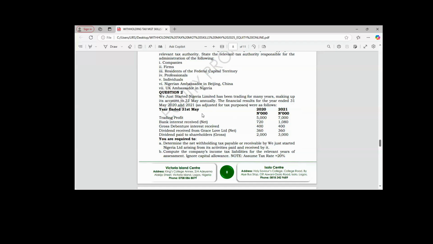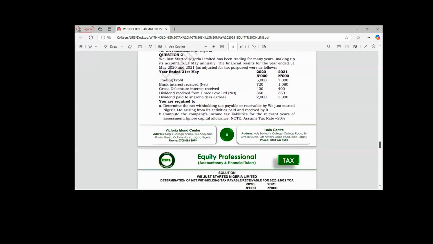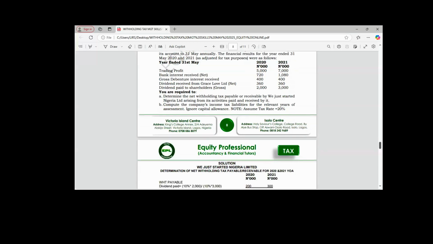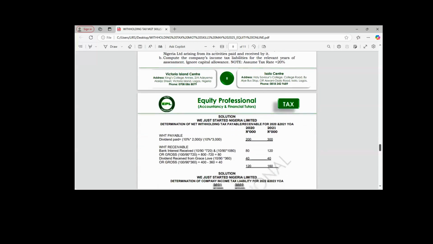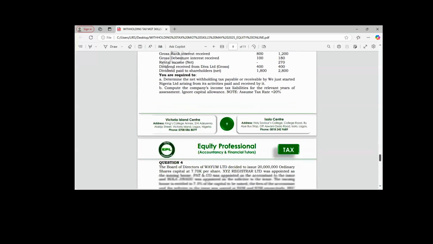But if they did not give us this 20%, the percentage we are going to adopt here will be 30%. Why? Because we don't have information about the turnover. So as a result of that, we are going to assume a large company. Any other question?